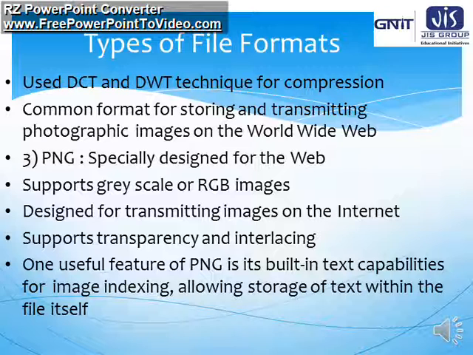Next one is PNG, specially designed for the web, supports grayscale or RGB images, designed for transmitting images on the internet, and supports transparency. One useful feature of PNG is built-in text capabilities for image indexing, allowing storage of text within the file itself.